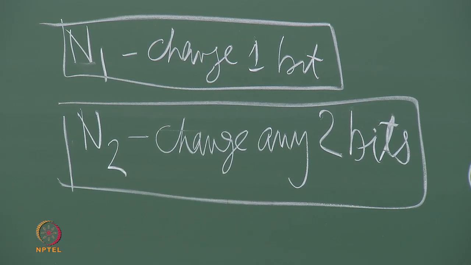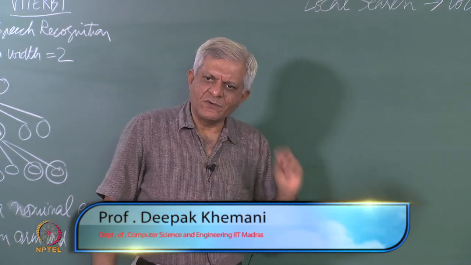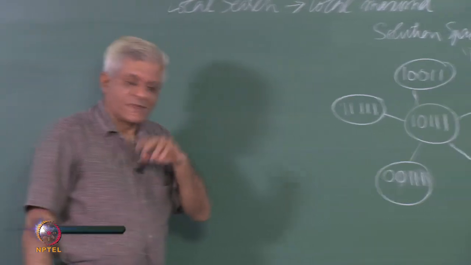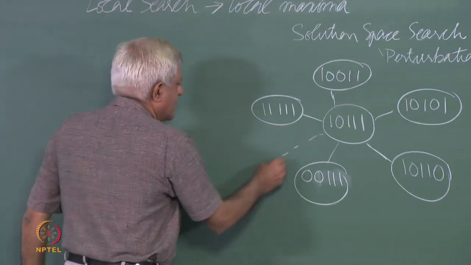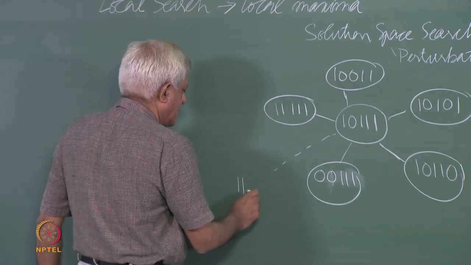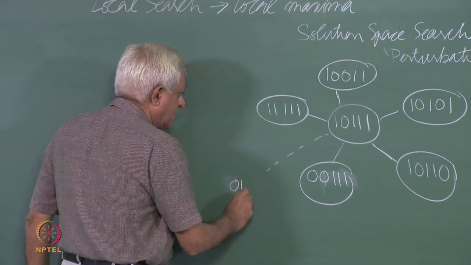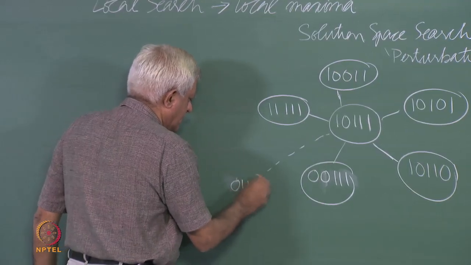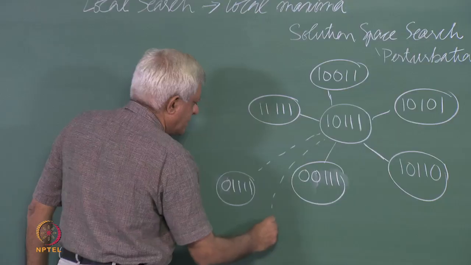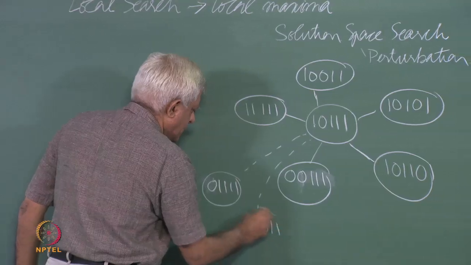Now, you can see that for this small problem of 5 variables SAT problem, my n2 will give me a different neighborhood function. So, for example, one of the neighbors would be, let me just change the first 2 bits, 0 1 1 1 1. Another neighbor could be, I change first and third bit, 0 0 0 1 1.